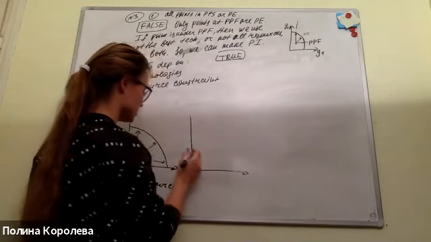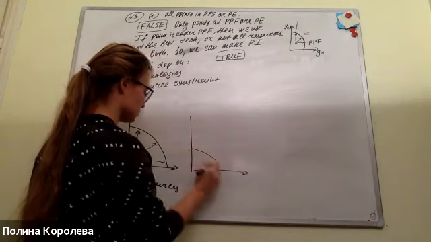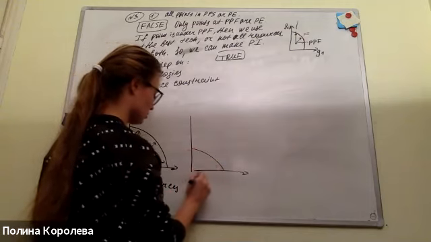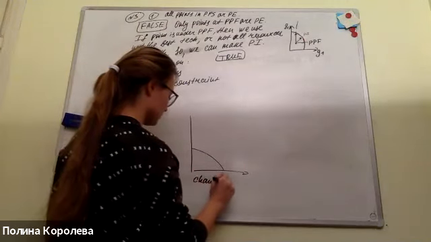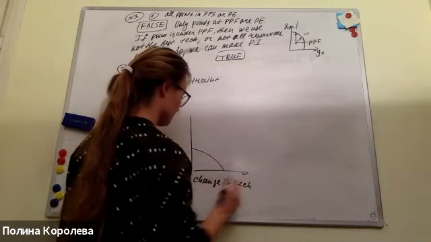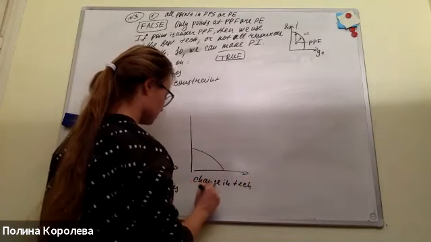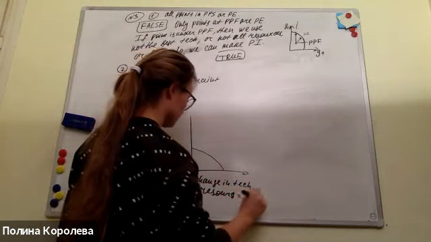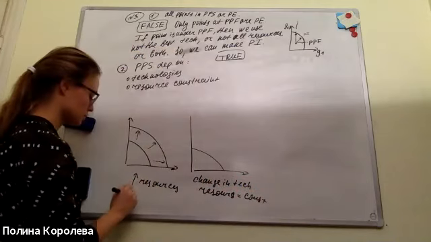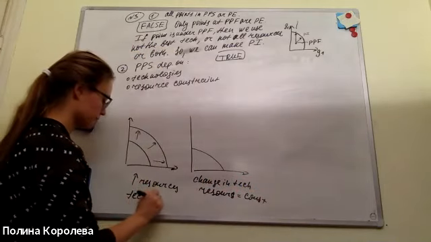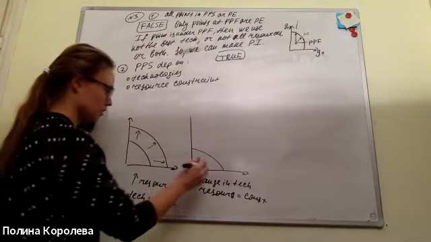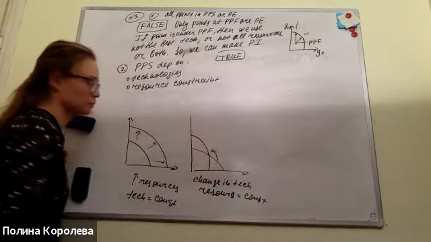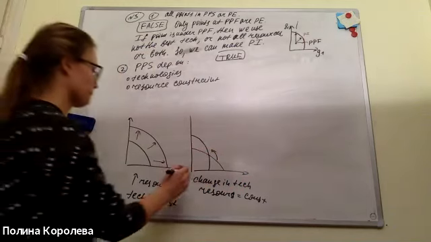But if we change the technology and the amount of resources stays the same, it will look like this. Change in technology, resources constant. And here technology was constant.